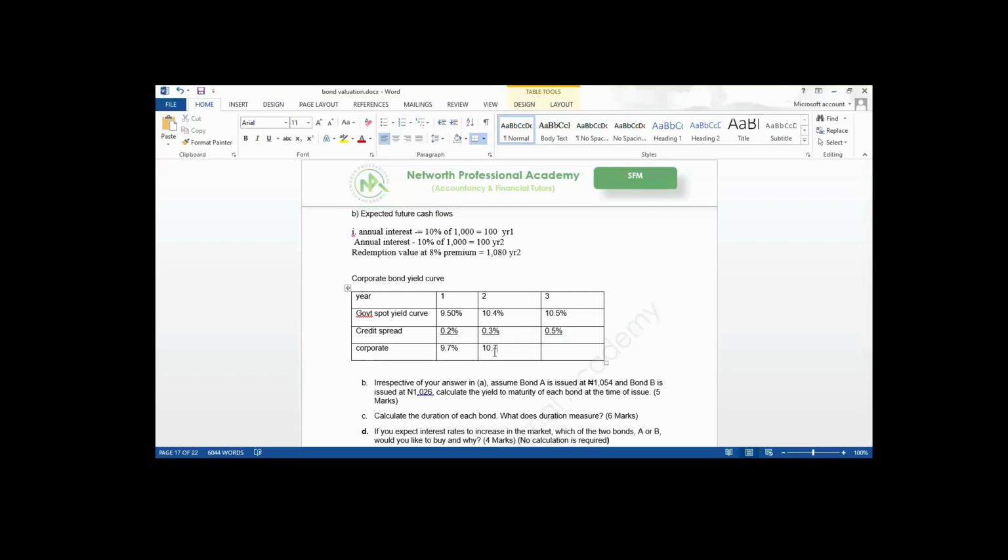Next. 11%. This is the corporate yield curve.